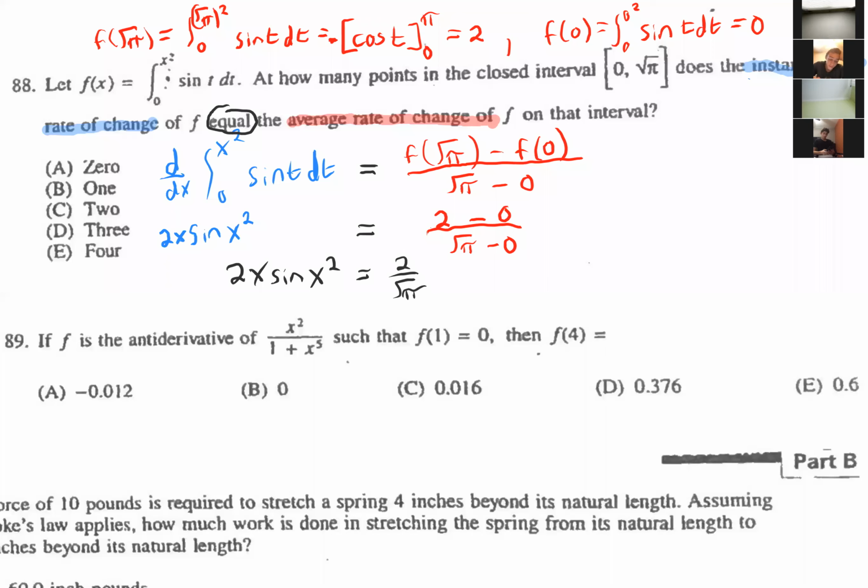Then I'm going to subtract 2 over square root of pi from both sides, so 2x sine of x squared minus 2 over square root of pi, and set this equal to 0.